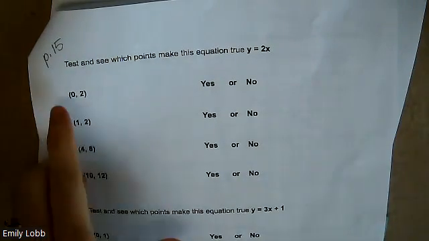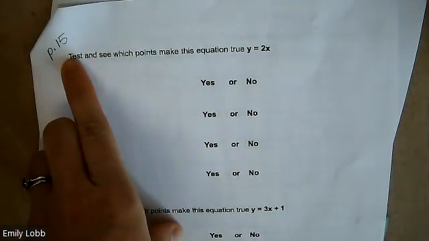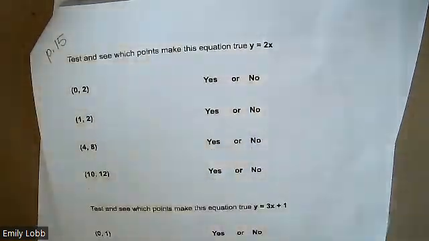And the third page is from page 15, the bottom of page 15. Be sure you're showing your work here if you would like credit. It says to test. So you have to show what you're putting in for this.